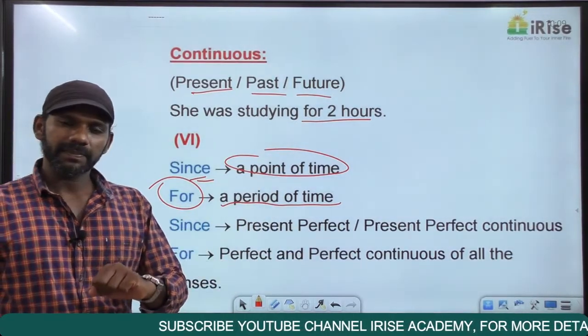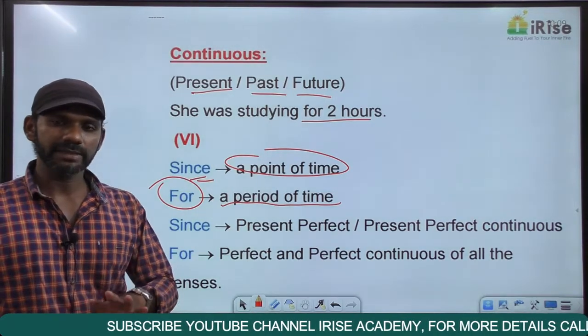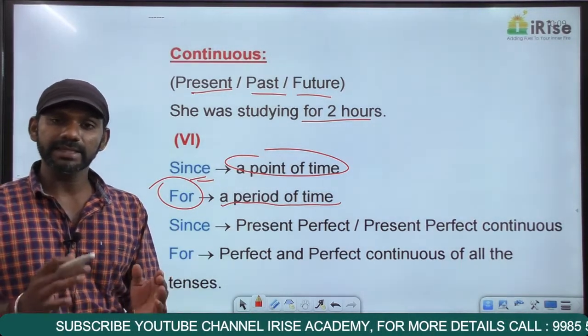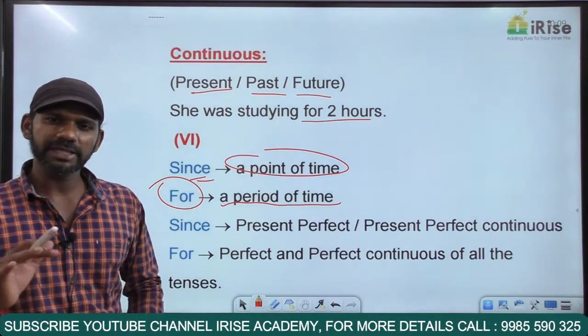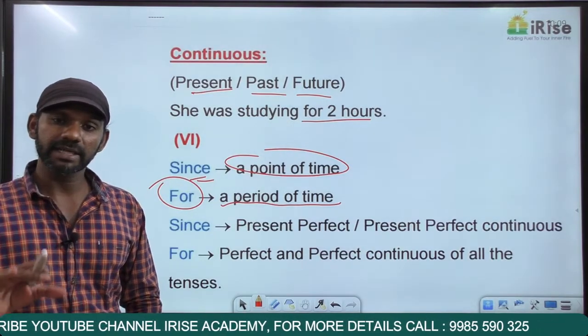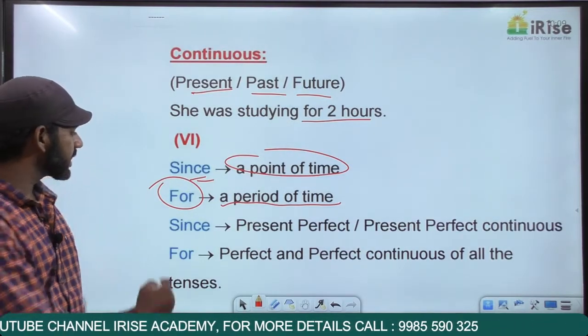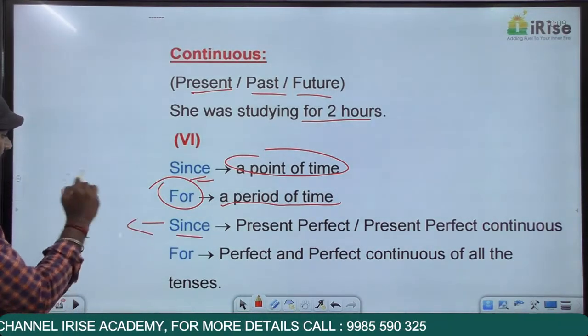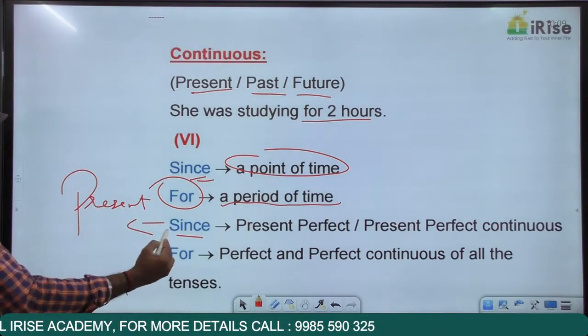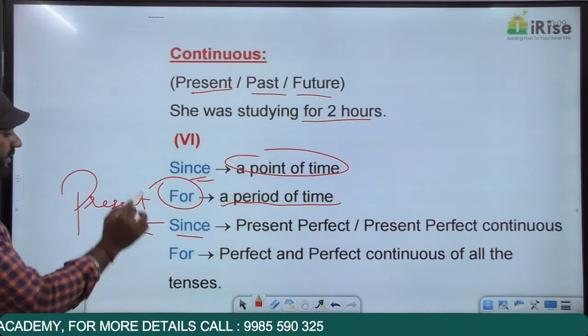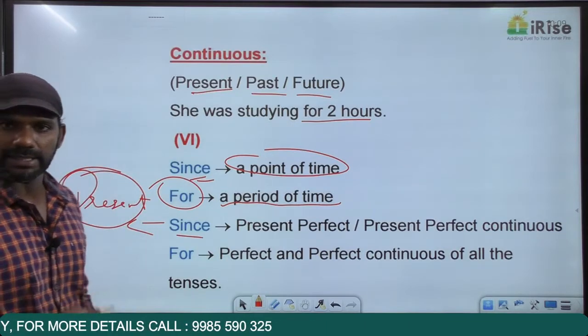Now as I said, since is for an action that started and is still going on. Still refers to the present. So since refers to the present tense. If since is there in a sentence, that sentence must be in the present tense.